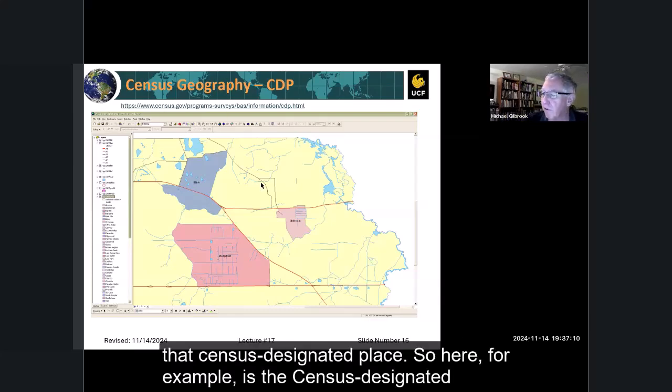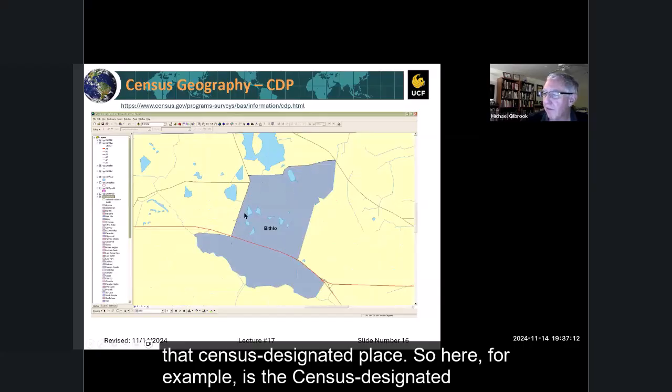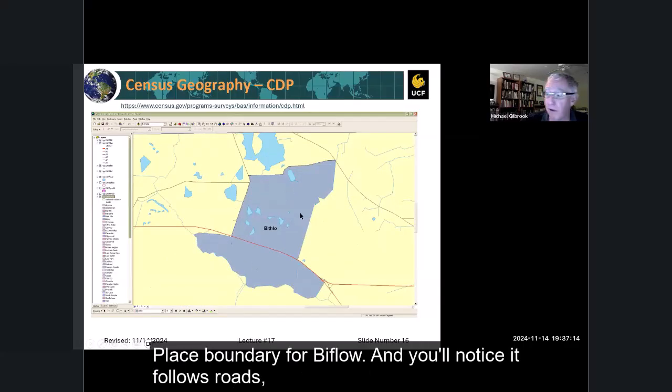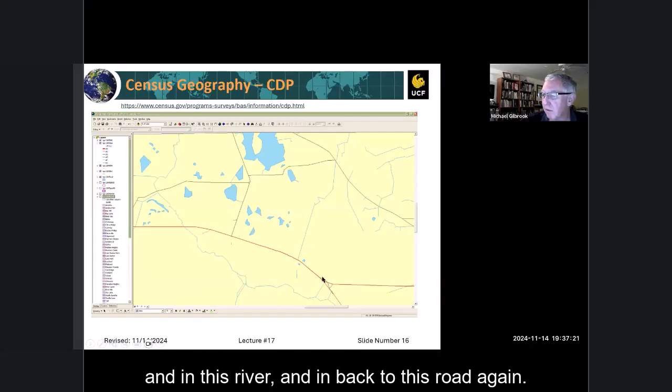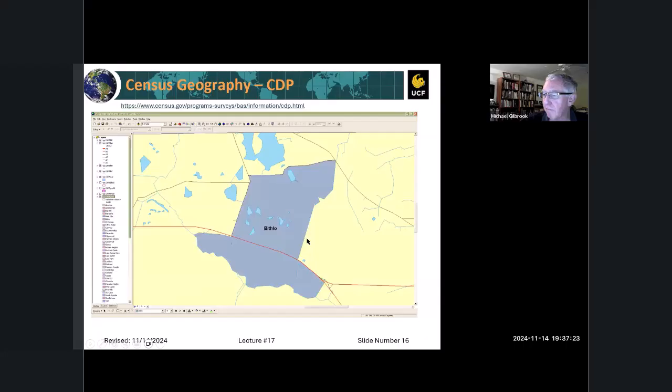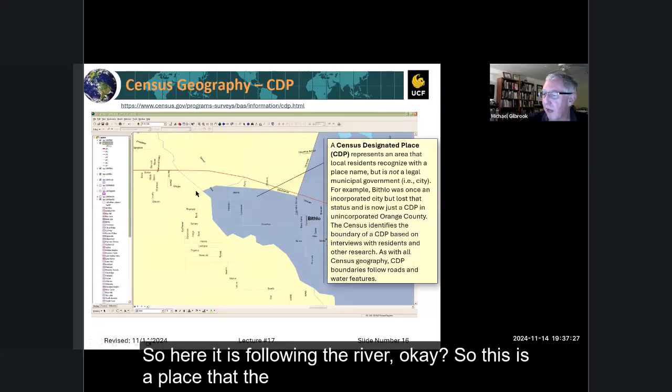So here, for example, is the census designated place boundary for Bithlo. And you'll notice it follows roads and then this river and then back to this road again. So here it is following the river. Okay.